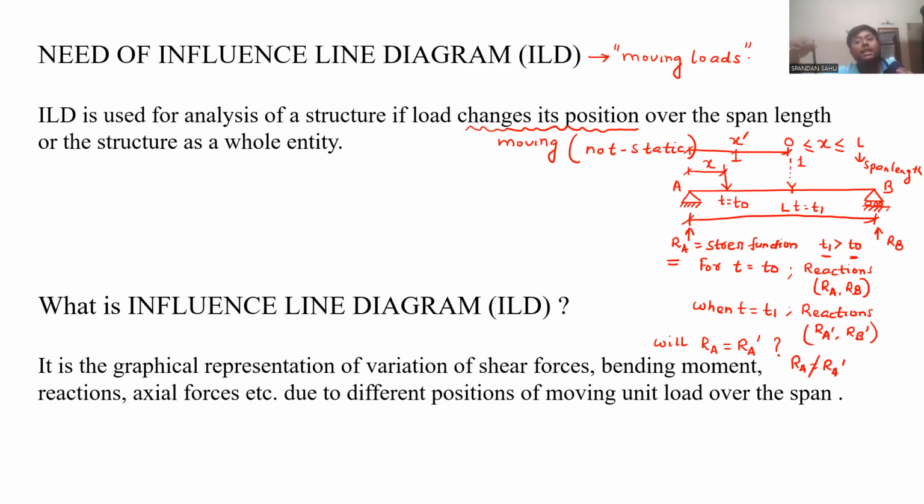And this variation, when we plot in the form of a graph or graphical representation, will be termed as ILD. Till this point, is it clear or not? Yes, sir. So this is for reaction, which is a stress function.